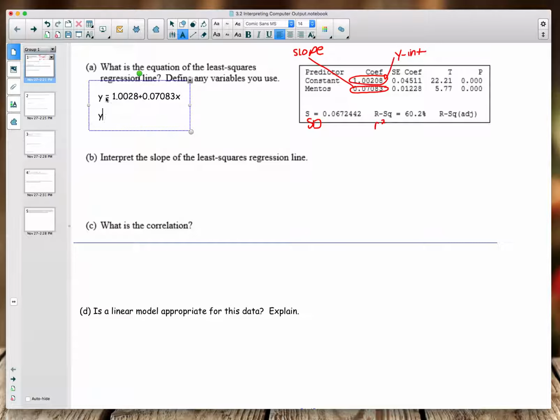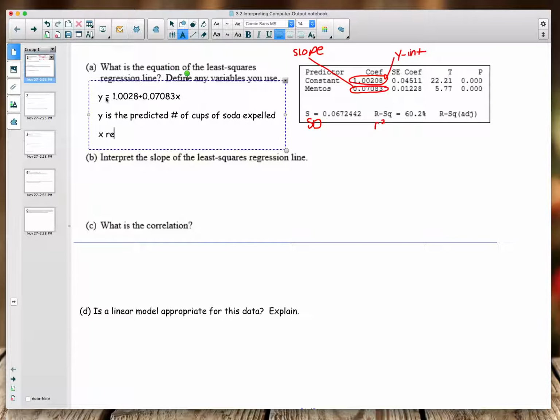And you need to tell what your y hat and x are. So y hat is the predicted number of cups of soda expelled, just from this example.